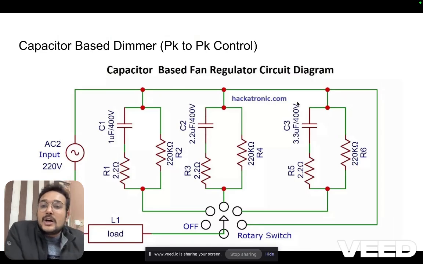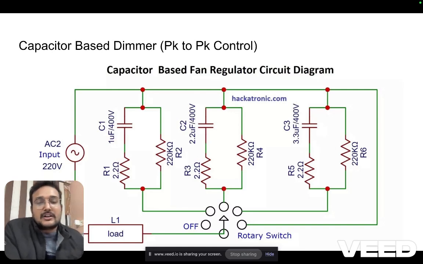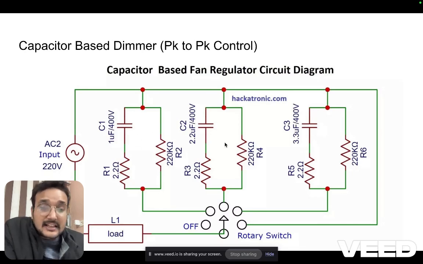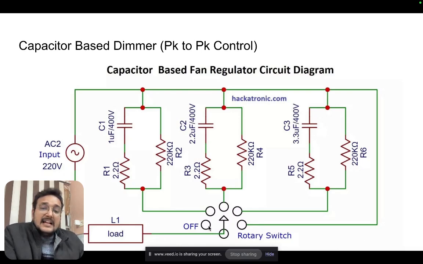Secondly would be your capacitor based dimming, or I would say peak to peak dimming, or resistive based dimming. All are the same. What is happening is your capacitors are connected in some particular fashion, and there is a knob. As you can see, the load is connected in series, and you have to switch between different capacitors.